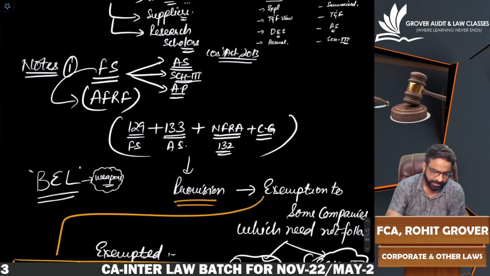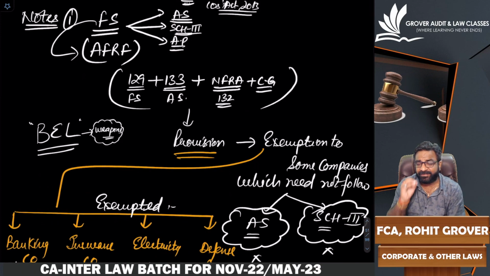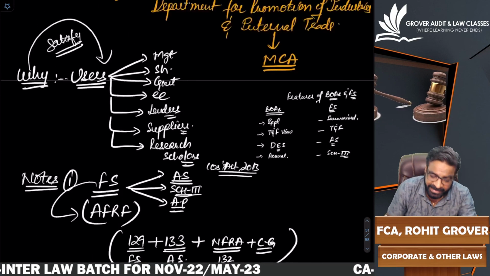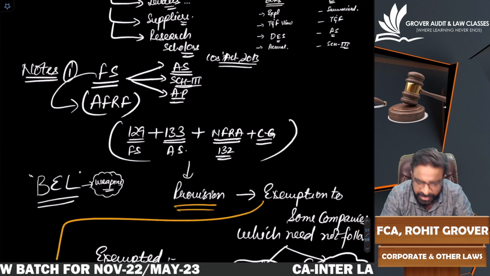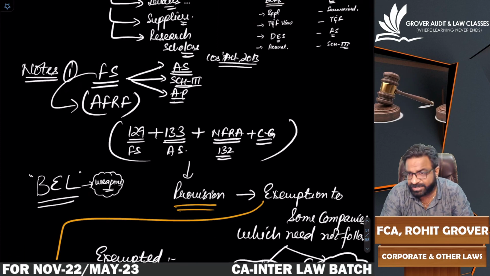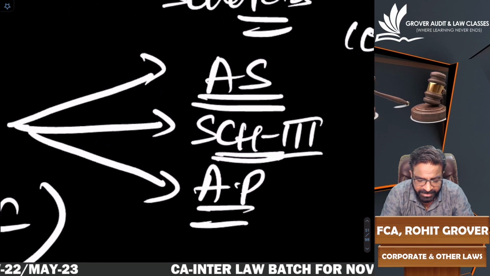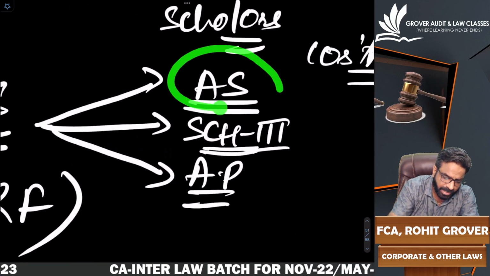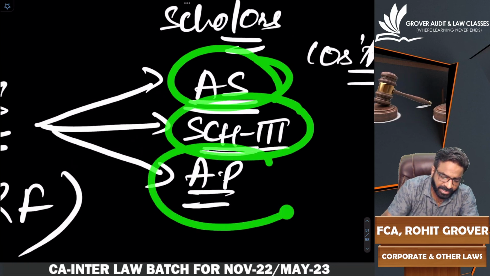Now, the next topic which I'm going to tell you is very, very important. It is also part of section number 129. Section number 129 says that financial statements, like balance sheet, P&L and all, are prepared as per accounting standards, Schedule 3, and accounting policies.